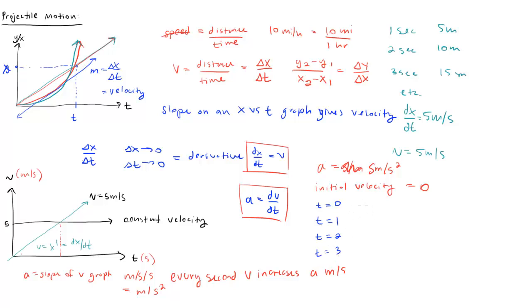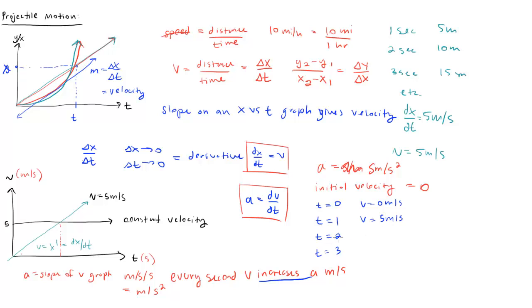At t equals 0, I'm going to be going 0 meters per second. At t equals 1, after 1 second, v increases by 5 meters per second. So after 1 second, for every second, v increases 5 meters per second. So now the velocity is 5 meters per second.